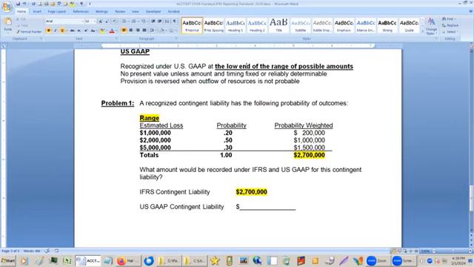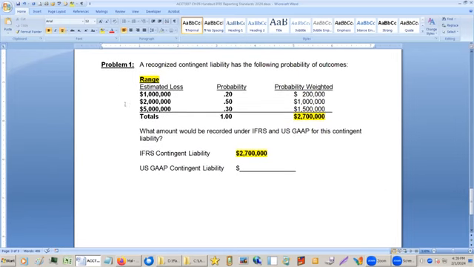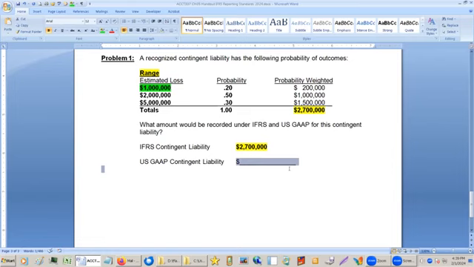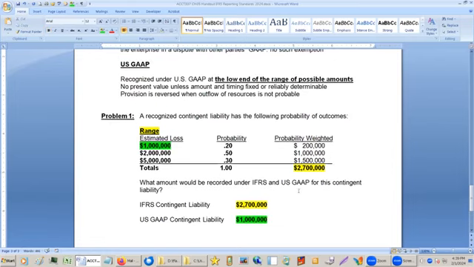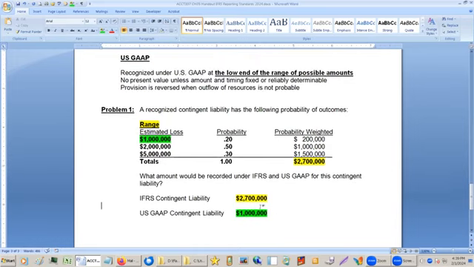U.S. standards would be the low end of the range. So here's the range. So this is how this would be shown on the books.